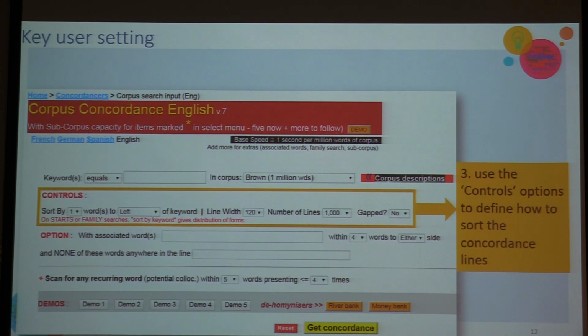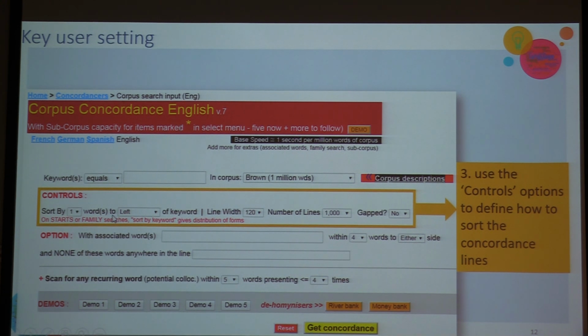Now next, after you've chosen, first you input a keyword here, right? And then you specify the search function: equals, starts, family, or ends. And then you specify a corpus. And now you have to specify here, the middle line, this box.